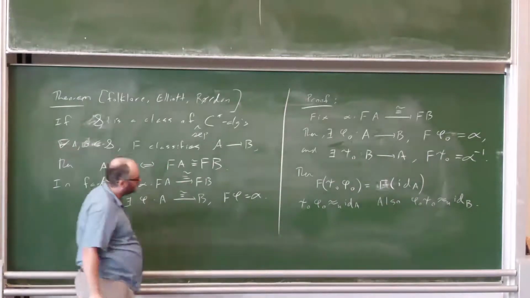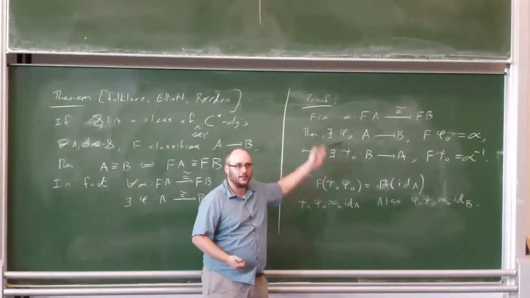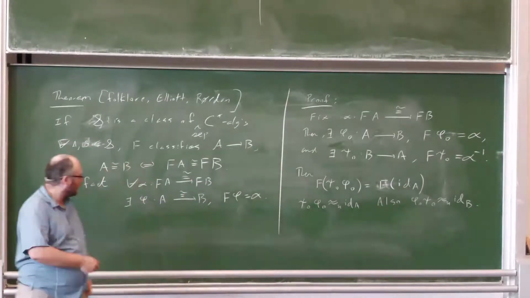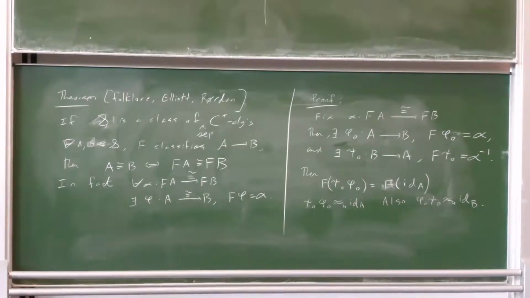Now if these were equal, then phi naught and psi naught would be inverses of each other, so phi naught would be an isomorphism. So they're somehow inverses up to approximately unitary equivalence. And the game is to kill that approximate unitary equivalence and replace it with equality.